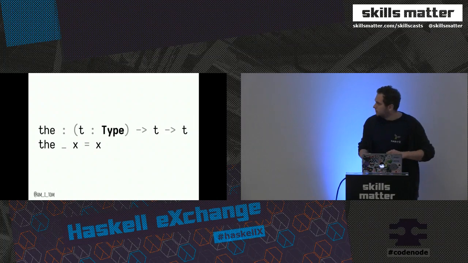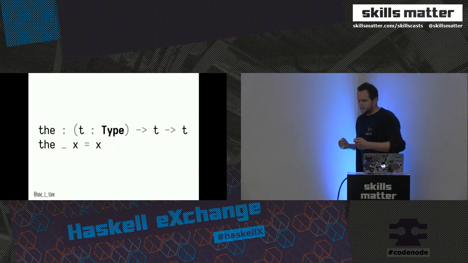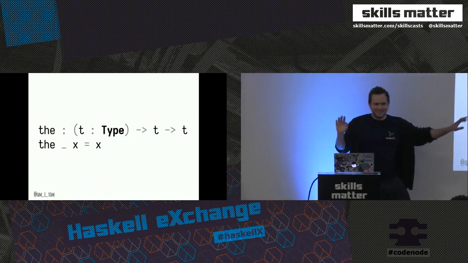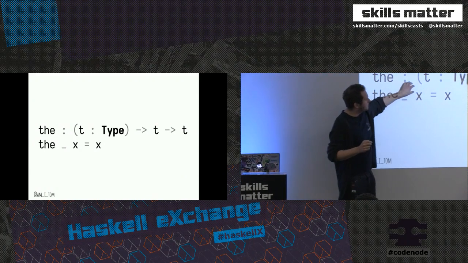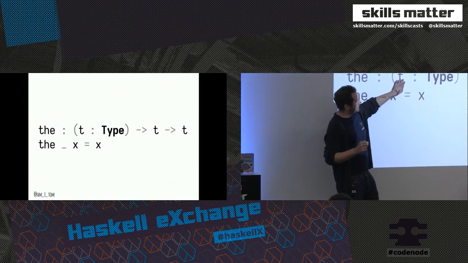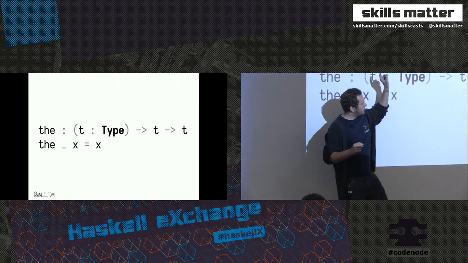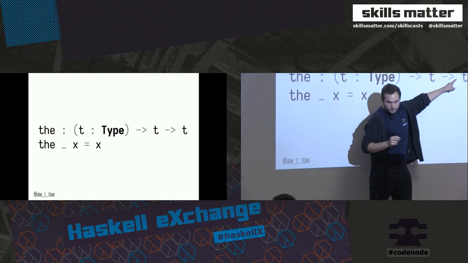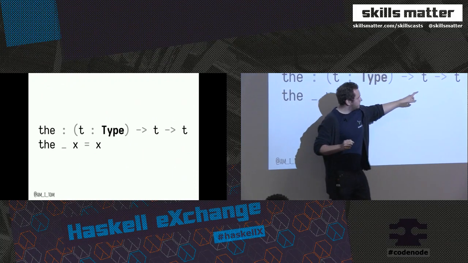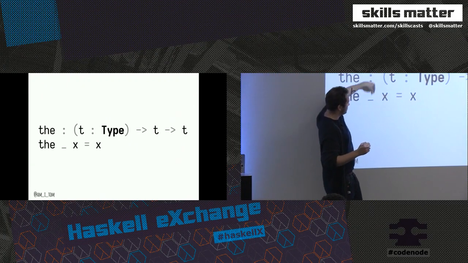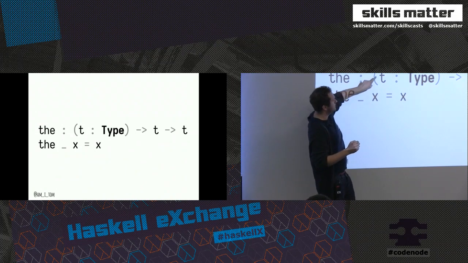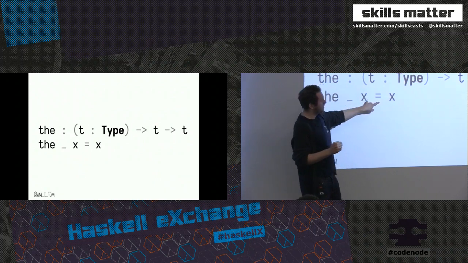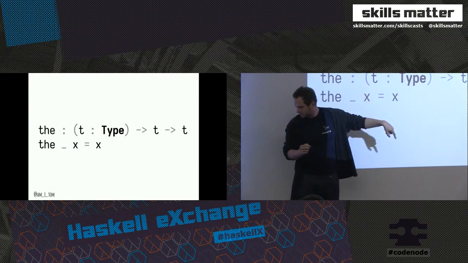And the other function that I think demonstrates it quite neatly, I'll swap sides and then you'll both get a bit, is the function the, which says, give me a value t of type, a thing of type t, and I'll give you a thing of type t. So what's weird here is we've pulled something from downstairs up, and we've said, you're going to pass me a type, and I'm going to use that to determine the type of the argument that then follows.